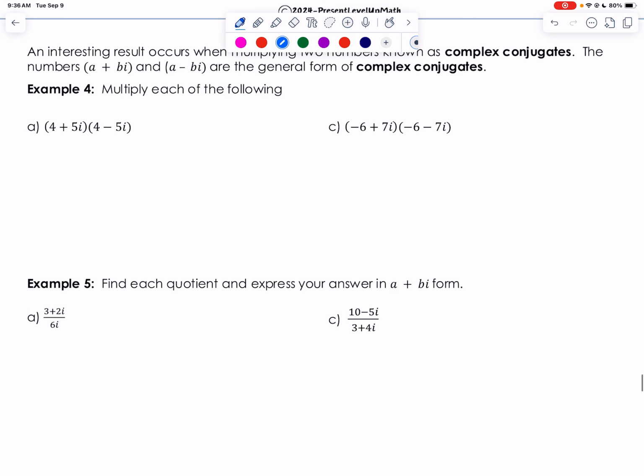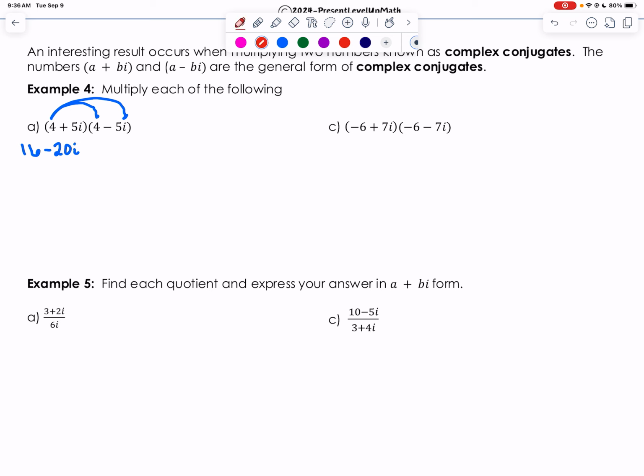So we're going to multiply in example 4, problem A, 4 plus 5i times 4 minus 5i. So I'll start it out the normal way, taking that first term and multiplying it by everything in that second parenthesis. So 4 times 4 gives me 16. 4 times -5i gives me -20i.